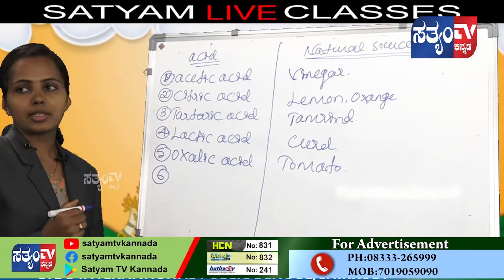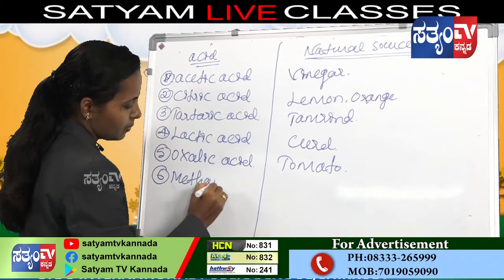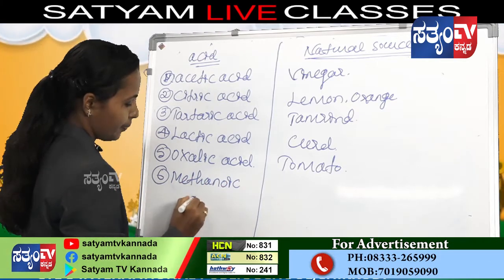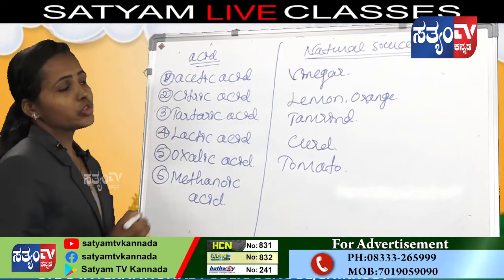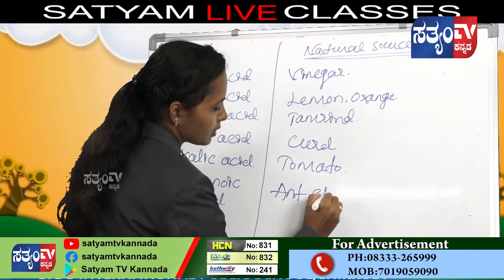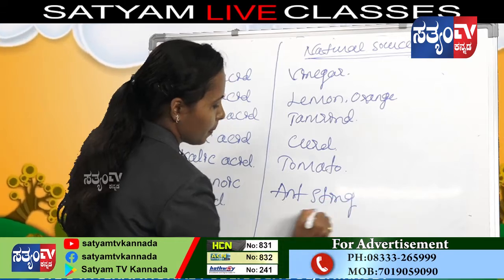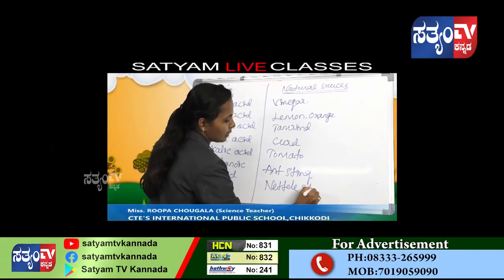And the sixth one is methanoic acid. The natural sources are ant sting or nettle sting.